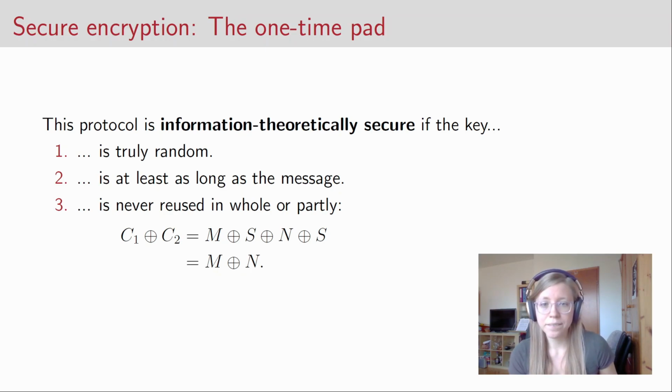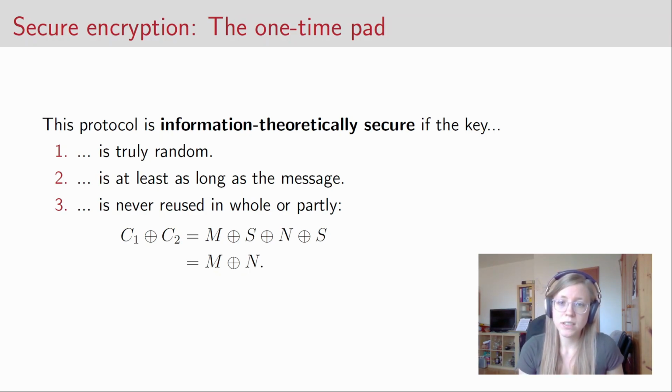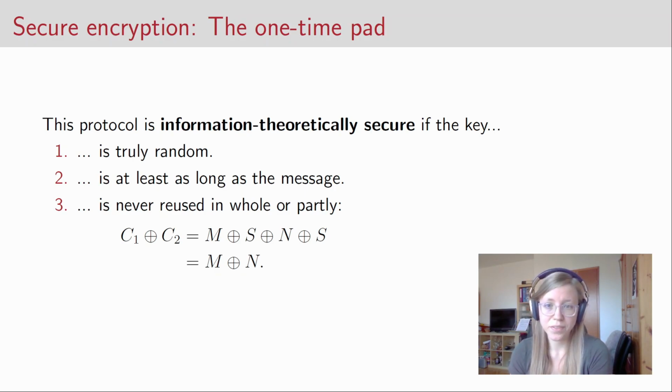And as you can see, since the binary addition of S with itself equals 0, this binary addition of the two ciphertexts equals the binary addition of the two messages. Of course, this is not directly the message that was sent, but it contains some information about the messages.